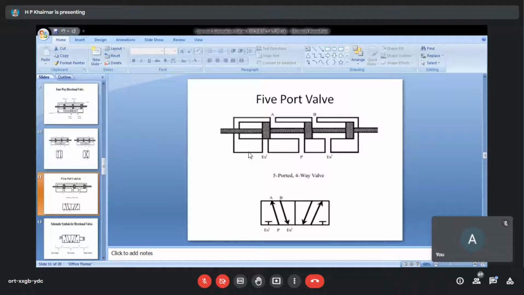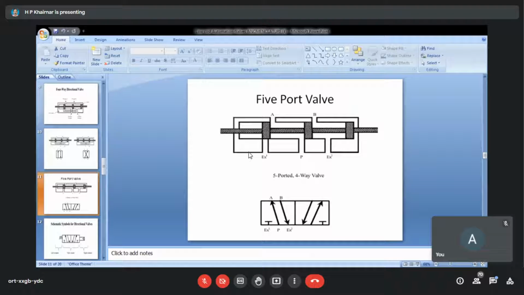But the other square indicates the position which is possible in the next situation, that is when the spool moves to the extreme left condition. The piston is at the extreme left. In that case, P will be connected to B, A will be connected to exhaust 1, and at that time exhaust 2 will be shut off.